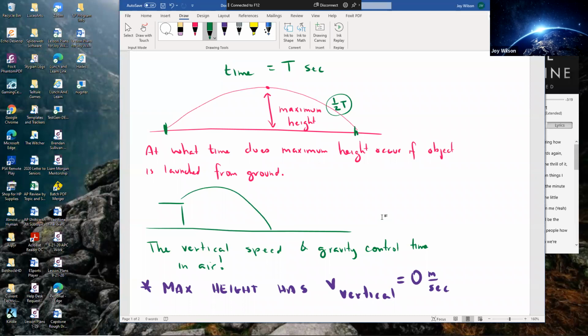It's who's doing the work. Gravity applies a force, but the object moves in the opposite direction of the gravitational force. Since work is a dot product, force times distance, you get a negative sign. Okay?